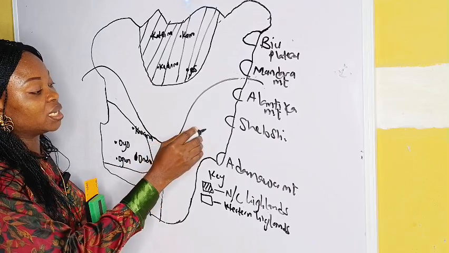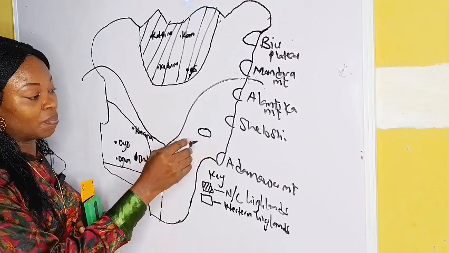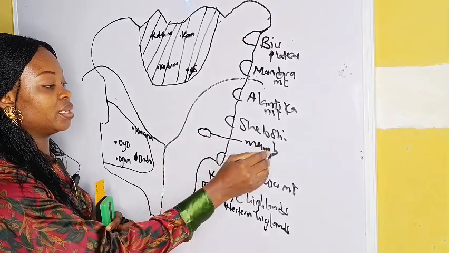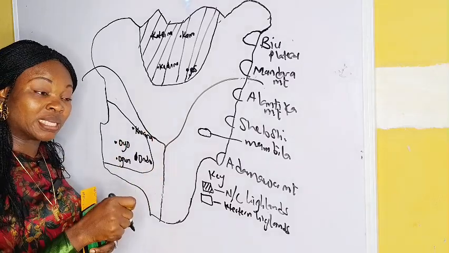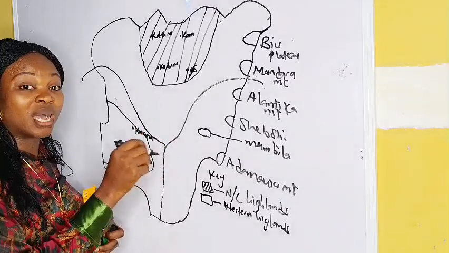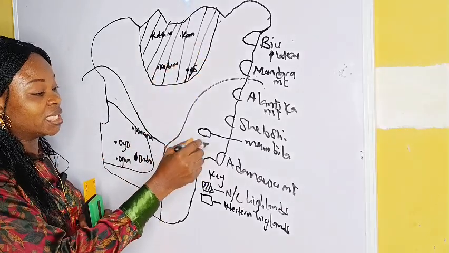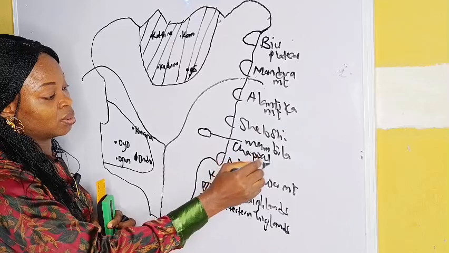There's another mountain here called Mambila Plateau. Mambila Plateau is found in Taraba State, and on this plateau is where you have the highest mountain in the Eastern Highland, called Chappal Waddi.